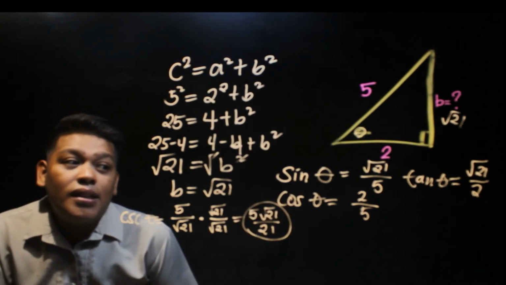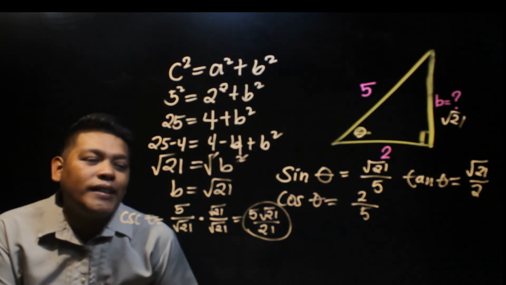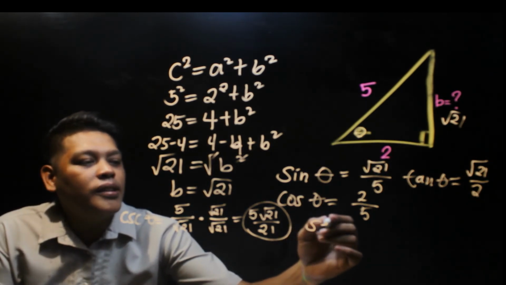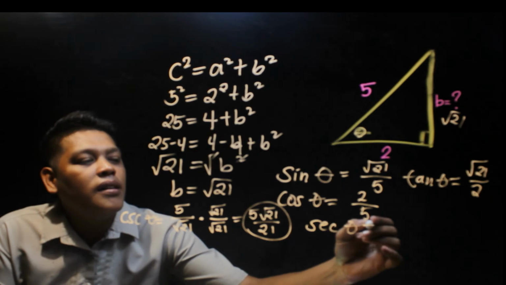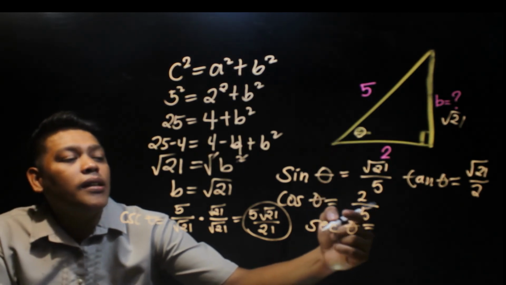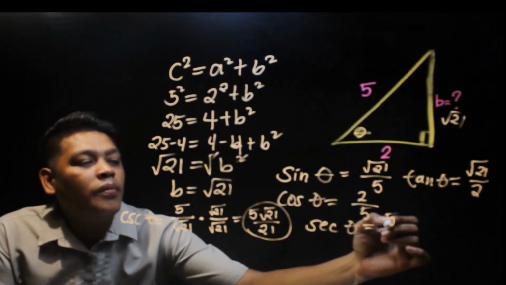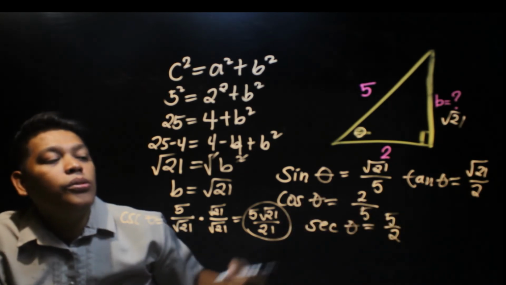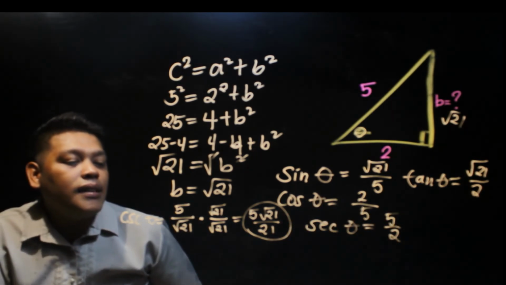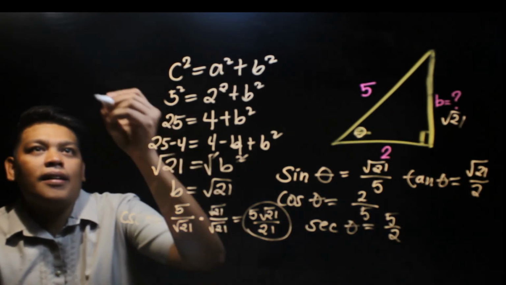How about the secant theta? Secant theta is the reciprocal of the cosine theta, so 5 over 2. Last is the cotangent theta.